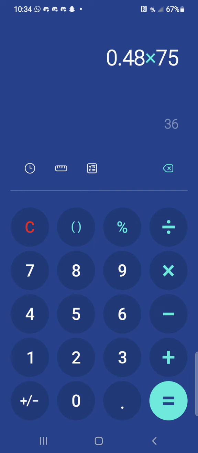If you divide this 36 by 100, it gives you 0.36. So 0.36 is 75% of 0.48. So that's minus 0.36. If you minus 75% of 0.48 from 0.48, you are going to get 0.12.